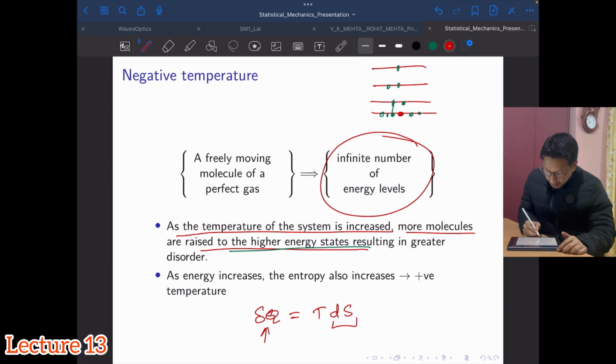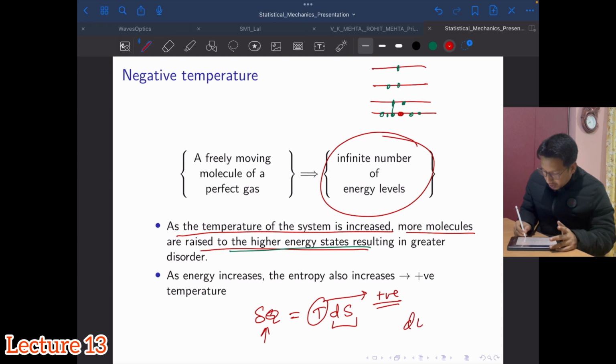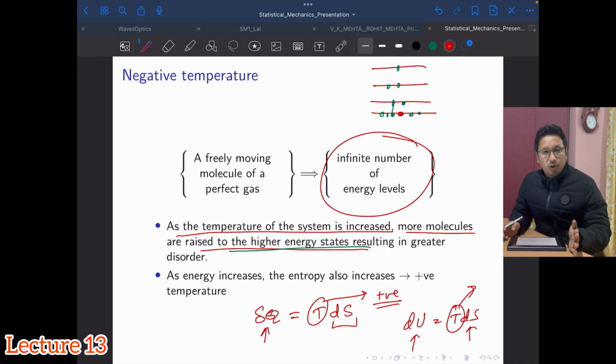So if I increase the energy, entropy increases, that means the temperature here is a positive quantity, isn't it? Or if you write the internal energy dU equal to TdS, if I increase the internal energy of the system, entropy is increasing, so it gives me a positive slope, so the temperature T is a positive quantity.